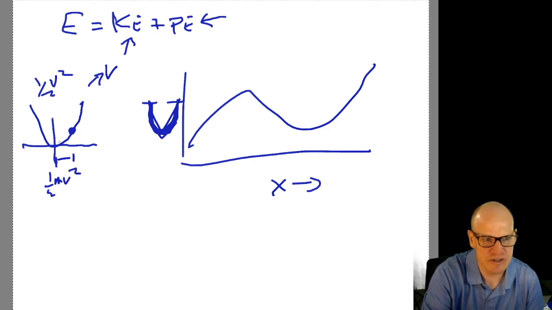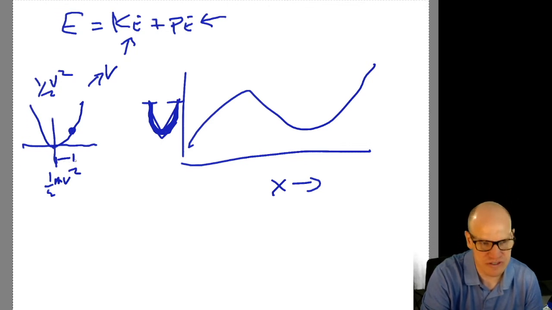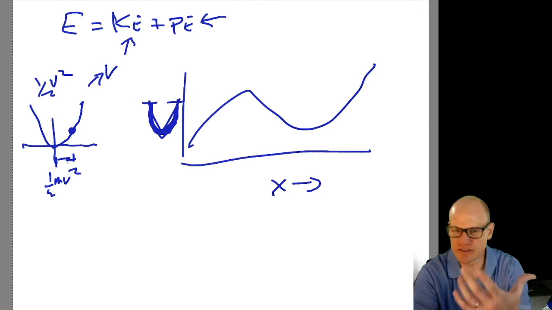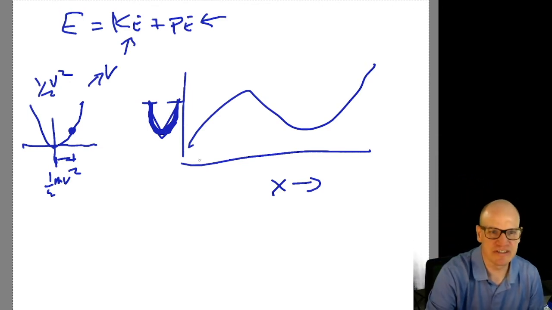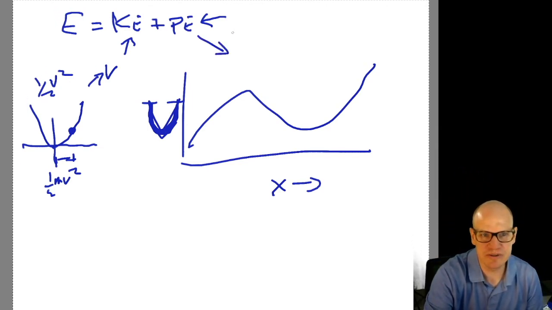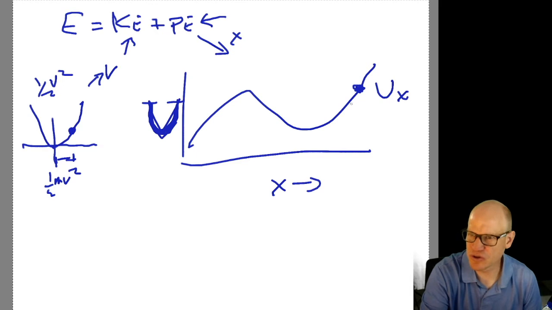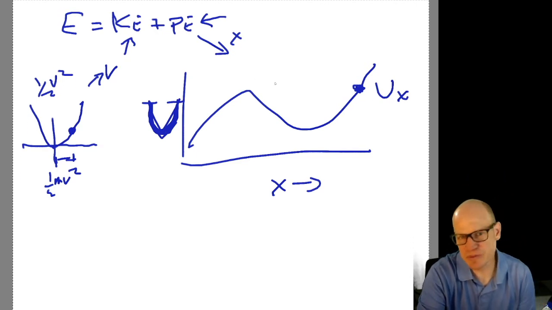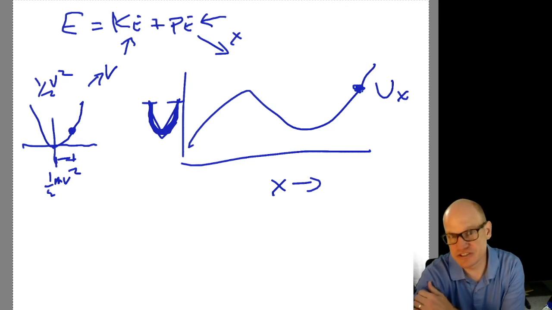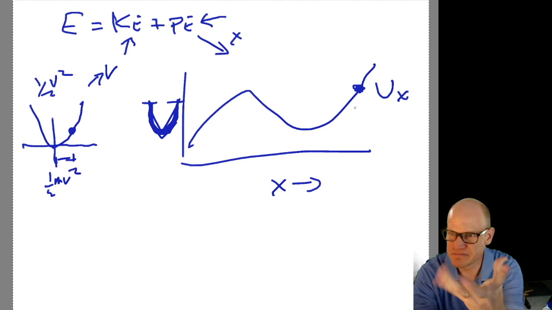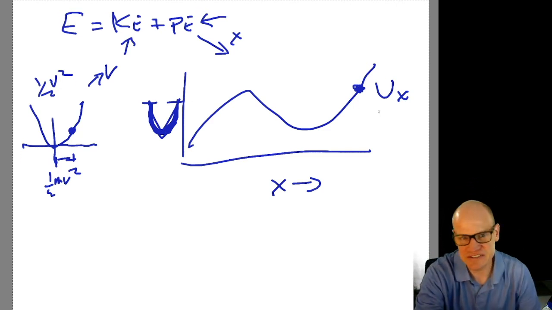So 1/2 mv squared is the energy that you have if you're displaced from 0 relative to your coordinate system by some amount v in velocity space. Similarly, in the potential energy space here that depends upon x, your energy is going to be here. It's going to be u times x is the total energy that you have, where u is the coupling, the charge that you have times the potential at the location times the value of the location in this case.